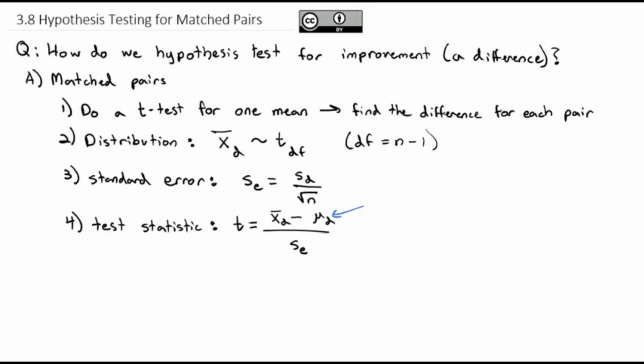And the hypothesized difference is usually 0. We usually assume there's no difference between before and after scores, and we're looking to see, is there a difference, or is it positive, greater than 0, or negative, less than 0?